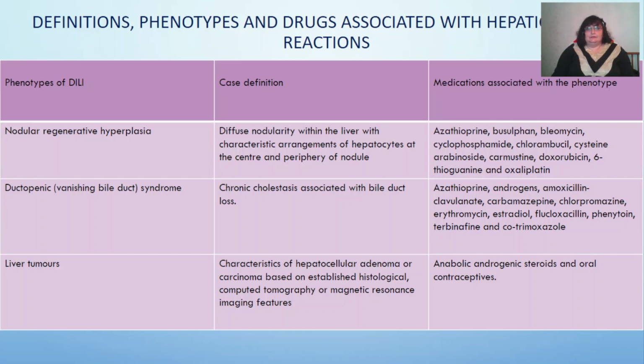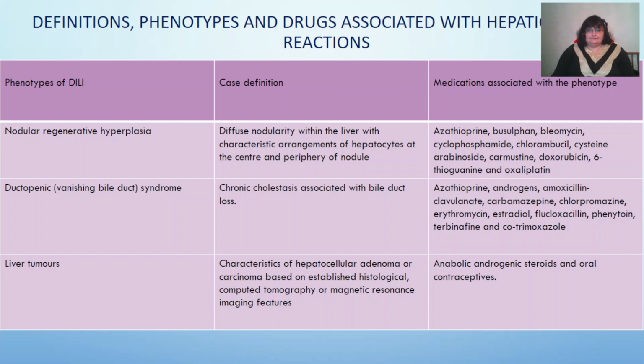oxaliplatin. Ductopenic, vanishing bile duct syndrome, chronic cholestasis associated with bile duct loss: azathioprine, androgens, amoxicillin clavulanate, carbamazepine, chlorpromazine, erythromycin, estradiol, fluoxetine, phenytoin, terbinafine, and cotrimoxazole.